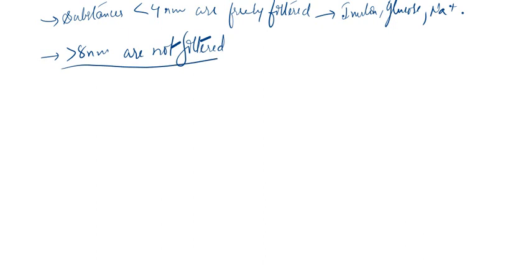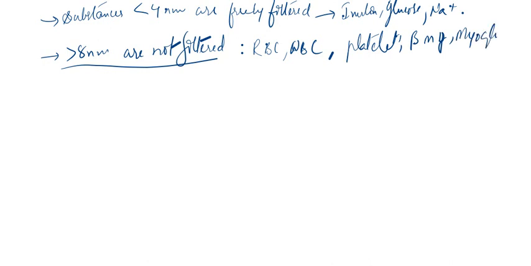So what are those substances? For example, RBC, WBC, platelets also, even some macroglobulins, like beta macroglobulins, then myoglobins, and things like these are not filtered.